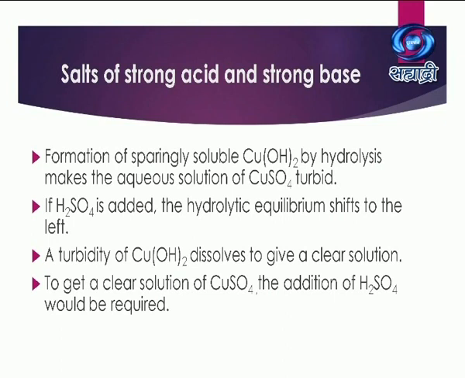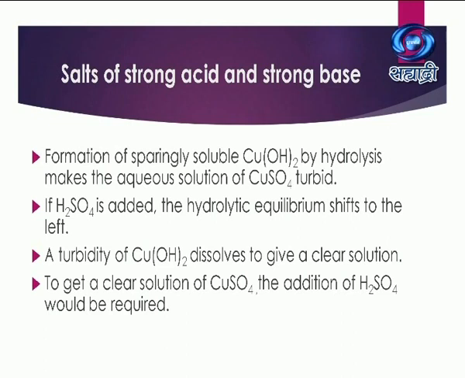Formation of the sparingly soluble salt, copper hydroxide, by hydrolysis makes the solution of copper sulfate turbid. So if H2SO4 is added, the hydrolytic equilibrium shifts to the left, and the turbidity of copper hydroxide dissolves to give a clear solution. To get a clear solution of copper sulfate, addition of H2SO4 is required. This is the small hint one has to remember while preparing copper sulfate solution in the laboratory.